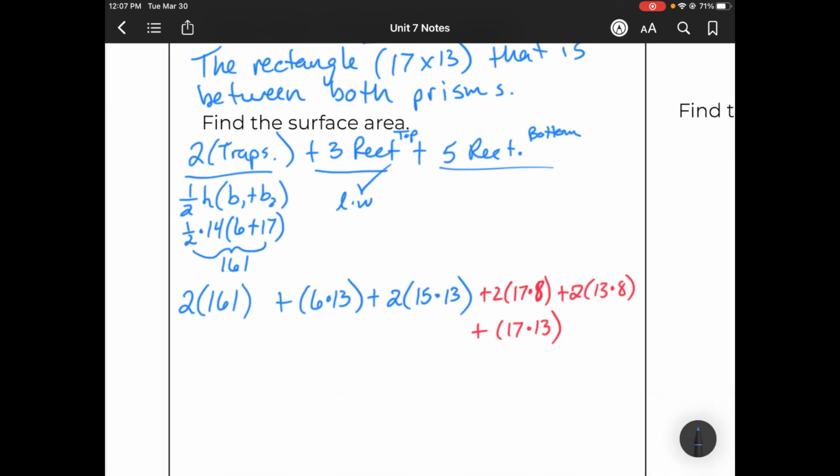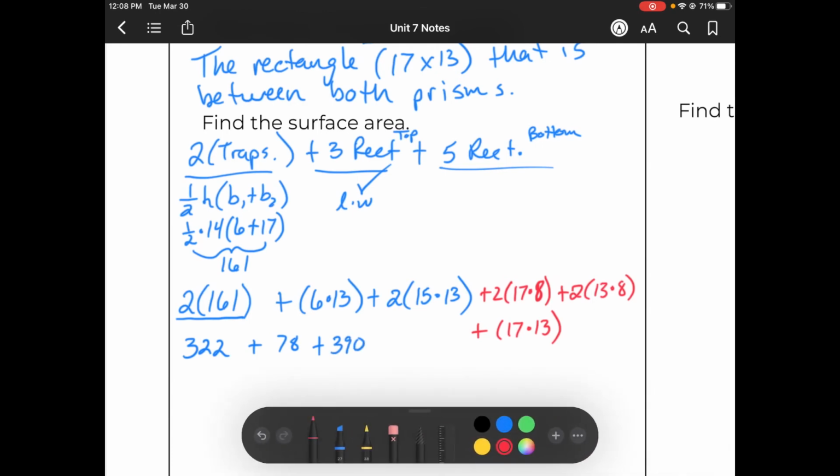So when I do my two trapezoids, 2 times 161, I get 322. Whenever I do my 6 times 13, that's 78 from the very top one. But then I have two of the 15 by 13s. When I do 15 times 13 and double that, I get 390.